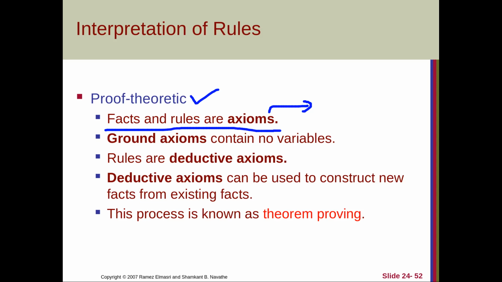Ground axioms contain no variables. So the basic first set of rules contains only constant values, which means we cannot include any variables in the ground axioms. Basically we require some ground axioms without having any variables.